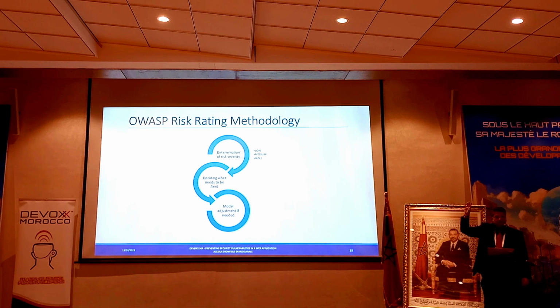You determine the risk of the severity with the pillars that I've shown you before, and you put the tag low, medium, or high. You decide what needs to be fixed, and you fix it, and then you do model adjustments if needed, in the way that you're going to calculate your next vulnerability. And trust me, this works pretty well.